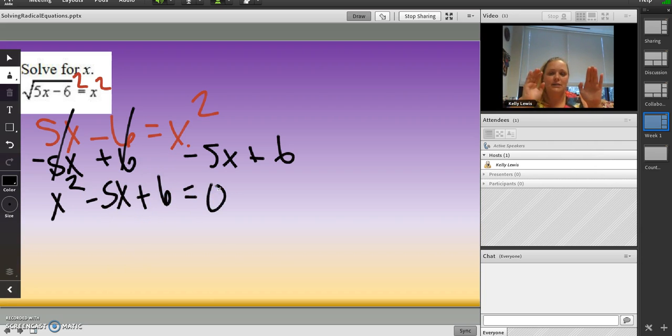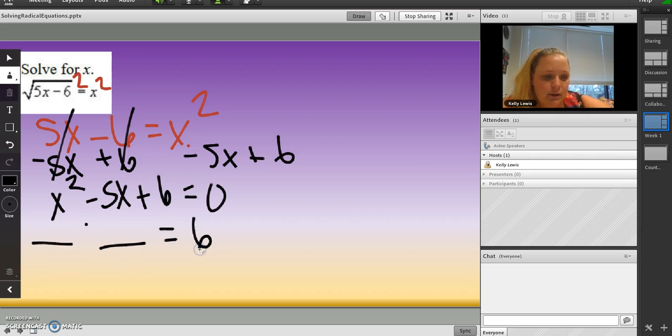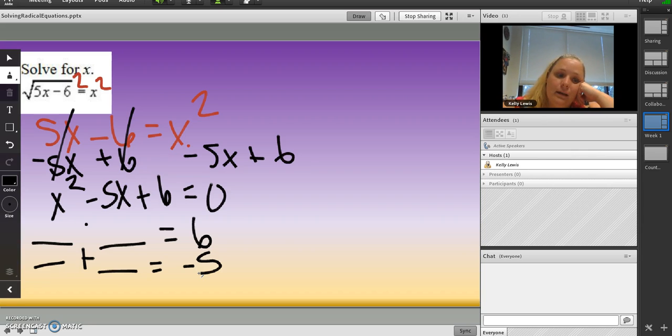Remember the rule is if the x squared and the x are on the same side and you're solving, you need to factor. Or there's other methods, but right now factoring is going to work. So it multiplies to give us 6, adds to give us negative 5. Negative 2, negative 3.